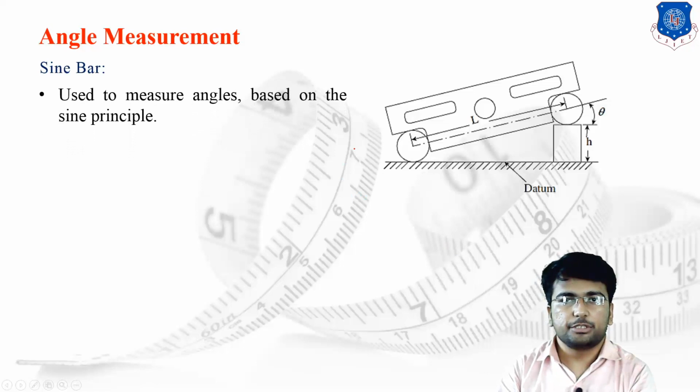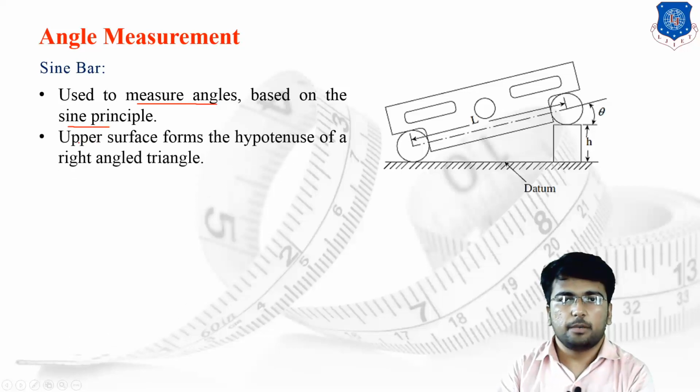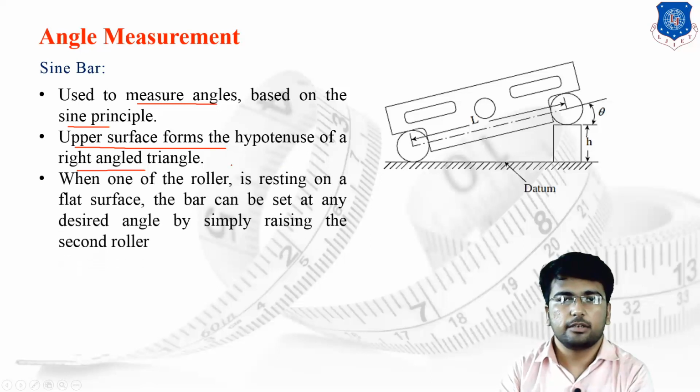Sine bar is generally useful for measurement of the angles which are totally based on the principle of sine theorem. The upper surface forms the hypotenuse of the right angle triangle. As we have already discussed, the top surface is useful for the measurement of the angle, and it behaves like the hypotenuse of the right angle triangle.